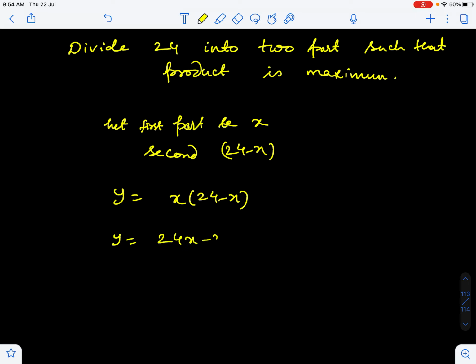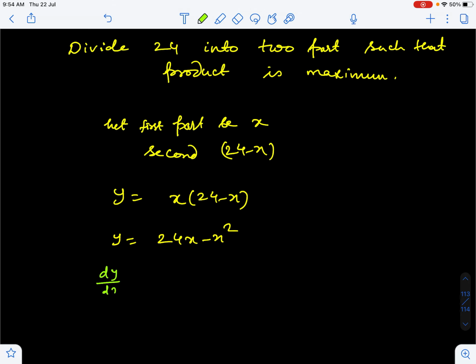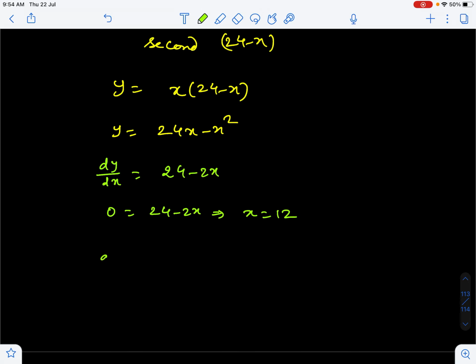So again, y is equal to 24x minus x square. Step 1, first you calculate the derivative dy by dx, which is equal to 24 minus 2x. Step 2, equate it to 0. So 24 minus 2x is equal to 0. That means x is equal to 12.